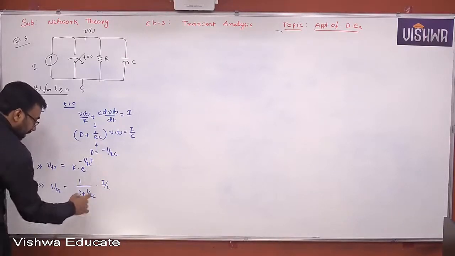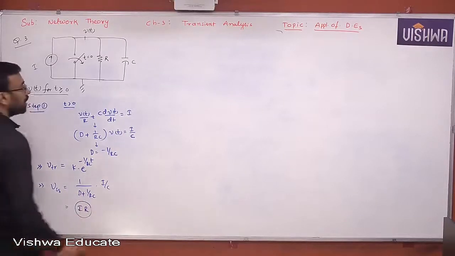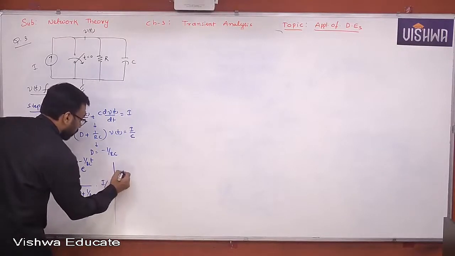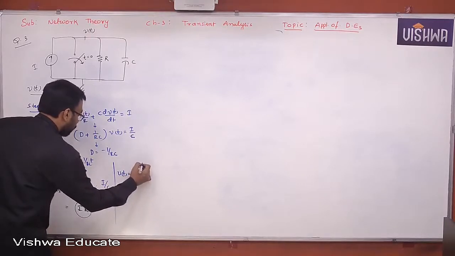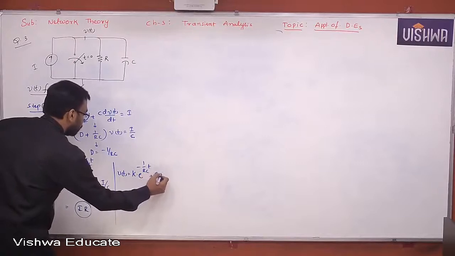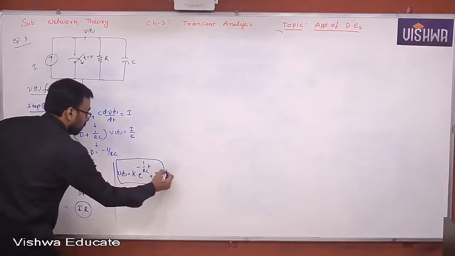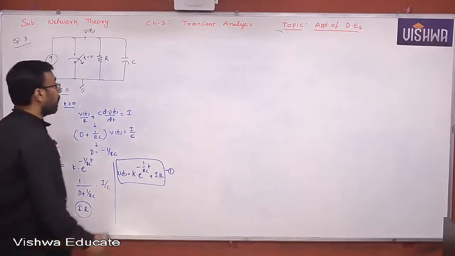The C gets cancelled. Finally, you got IR. So from this, you get the total response: V of t is equal to K into e power minus 1 by RC t plus IR. This you call equation 1. Understand all of you?